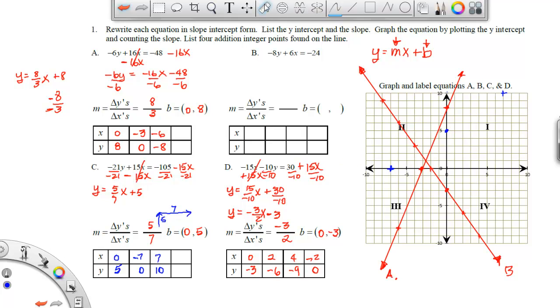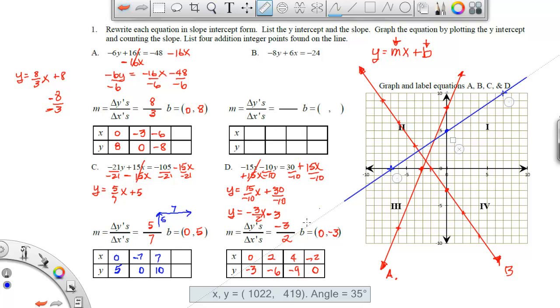So let's go ahead and graph this last equation here. Graph the line through there. And then that is line C.